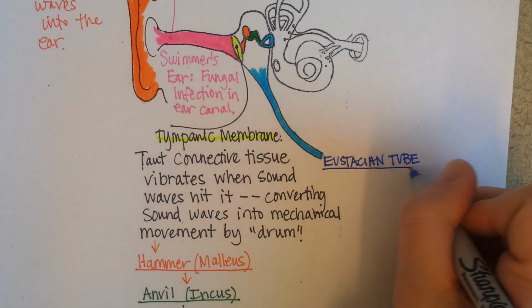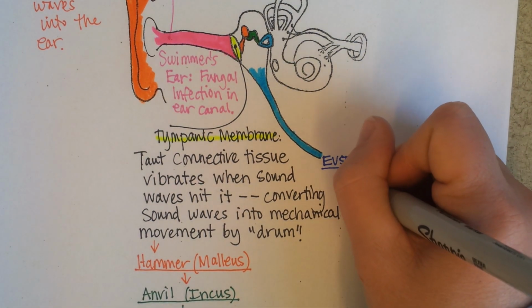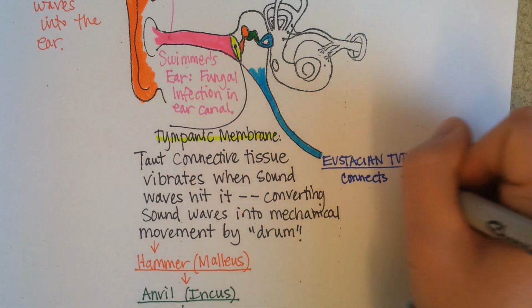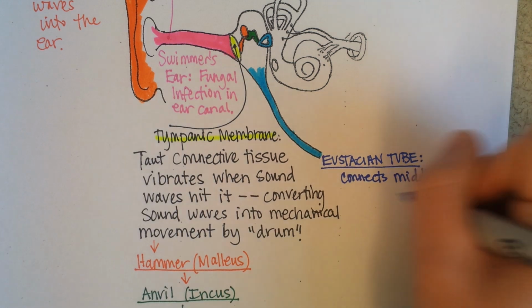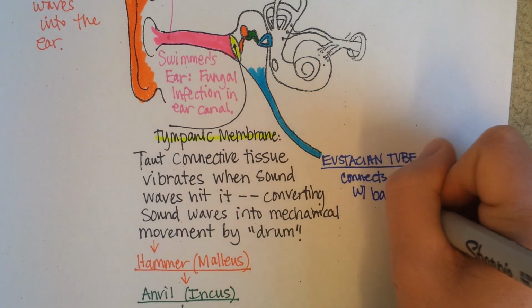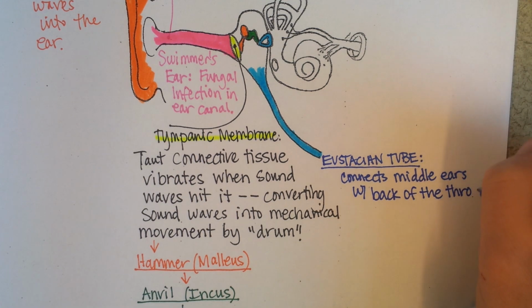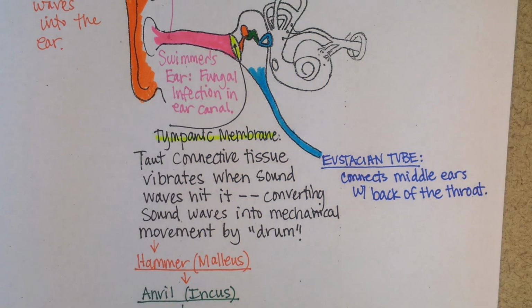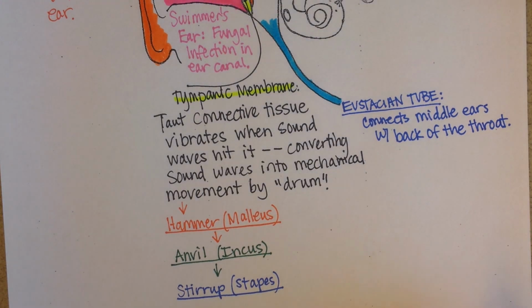Eustachian tube. It connects the middle ears with the back of the throat. And it has a great function, but oh my, we also see some things that go a little sideways here.